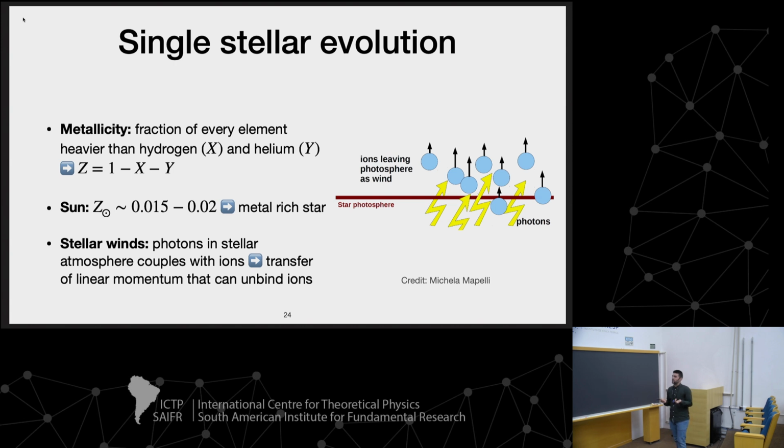Photons in the stellar atmospheres couple with ions. You have a scheme there that explains what happens. Photons coming from the star interact with ions, and there is a transfer of linear momentum between the photons and the ions in the stellar atmosphere, so these ions can unbind. So the star is losing mass due to stellar winds.